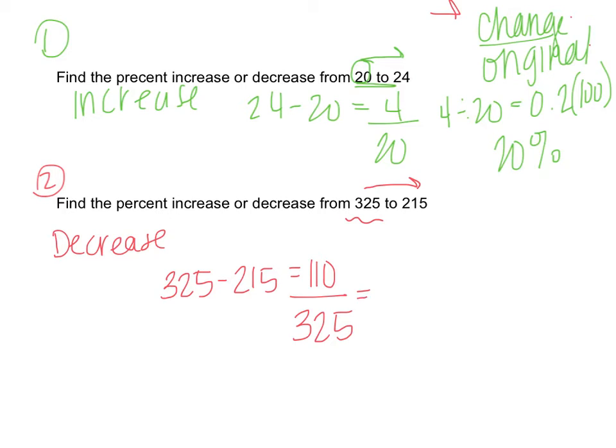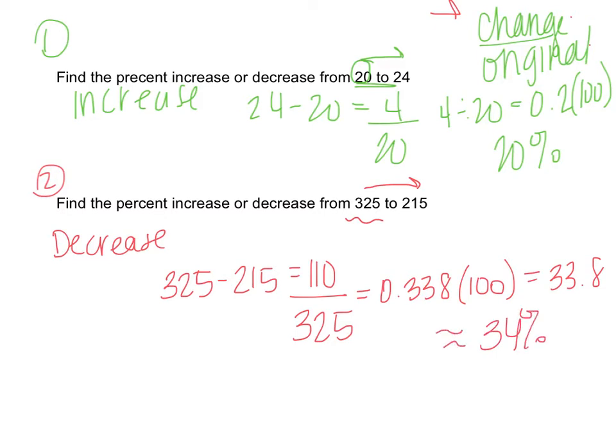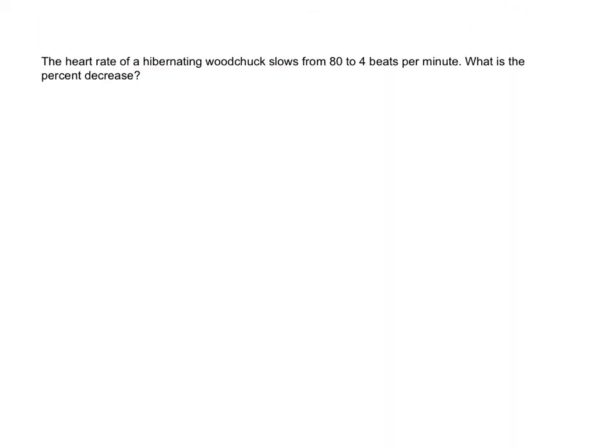Divide those out, and you're going to get a number that goes on, 0.338. If I multiply that by 100, you get 33.8. If I want to round to the nearest percent, we could say that this is about 34%. And you need to have both the increase or decrease written as well as whatever your percent is.